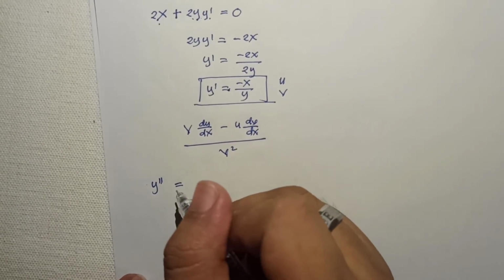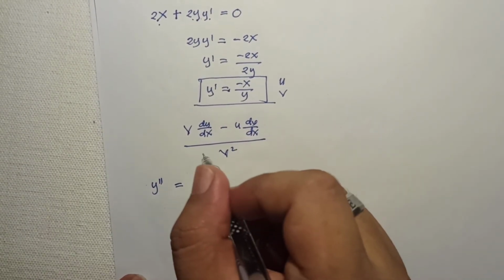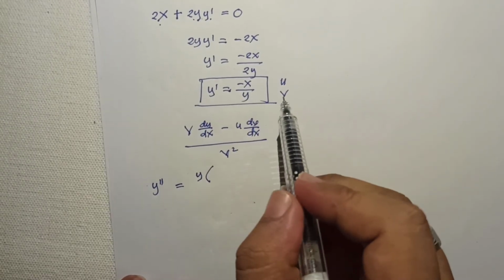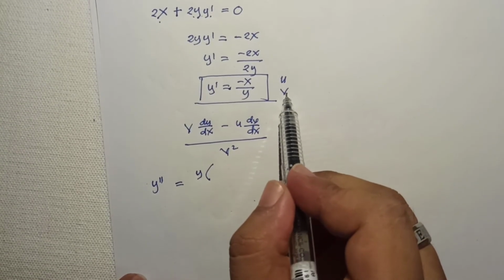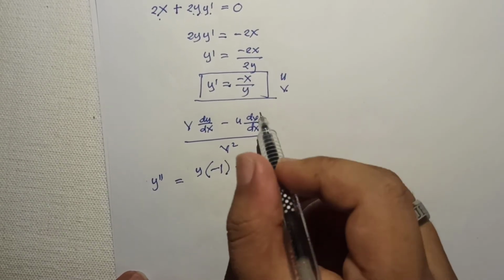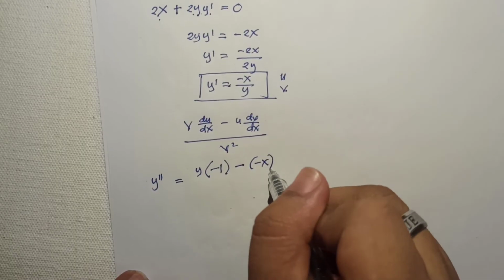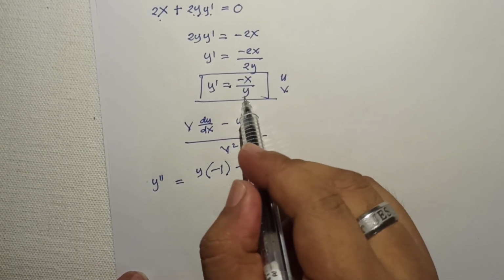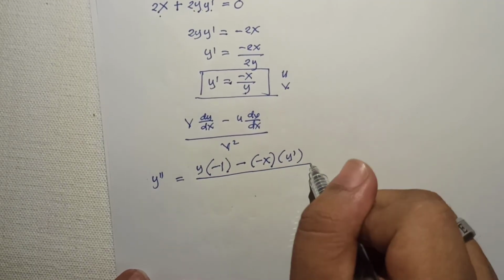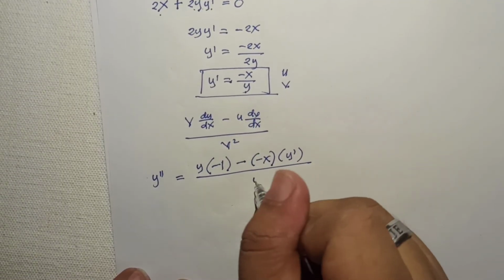So for the second derivative, copy v, which is y, and the derivative of u is negative 1, minus, copy the u, which is negative x, and the derivative of y is y prime, over y squared.